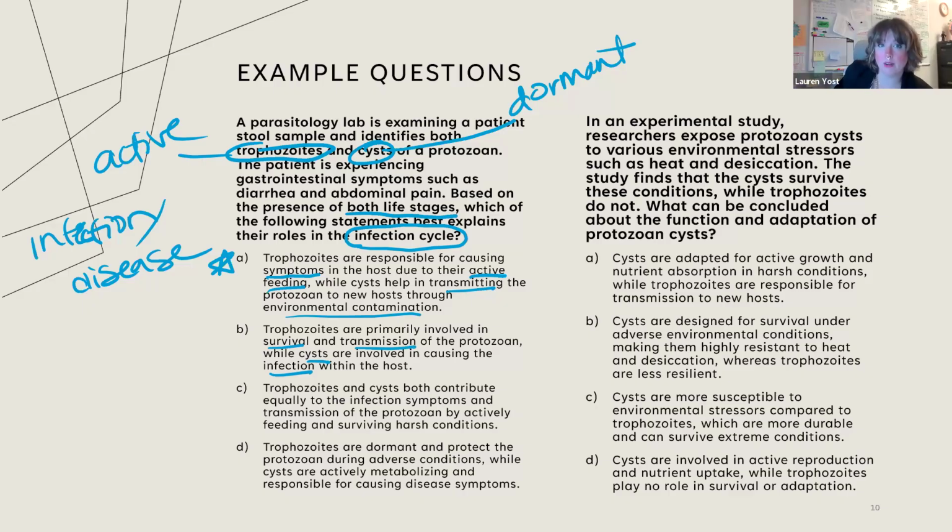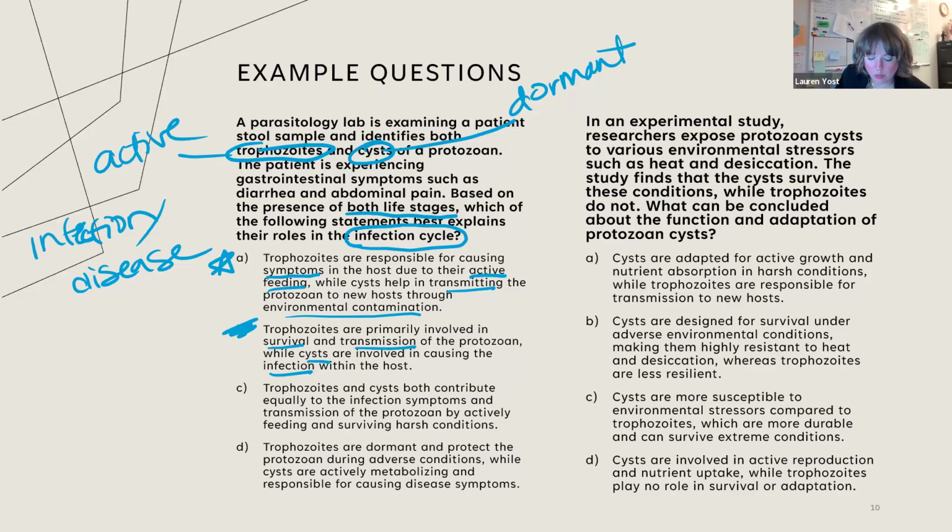Trophozoites multiply and cause infection. The infecting, growing organism is what's causing our signs and symptoms. It's producing toxins, it's growing, it's eating off of our tissues and things like that. So all of that is going to be from our trophozoites. So B is wrong.